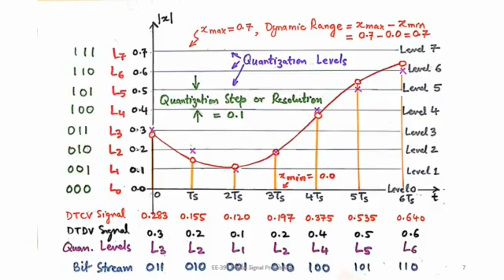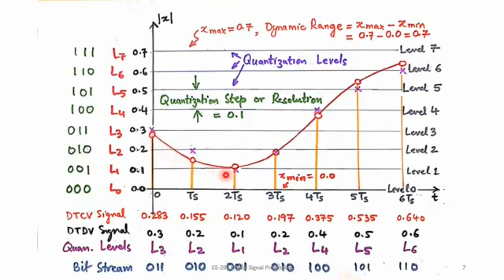Alright, so we will spend a bit of time on this slide because I think this slide will help us look at all the topics of interest which are considered under quantization. As we have seen, we start by sampling an analog signal, a continuous time signal.